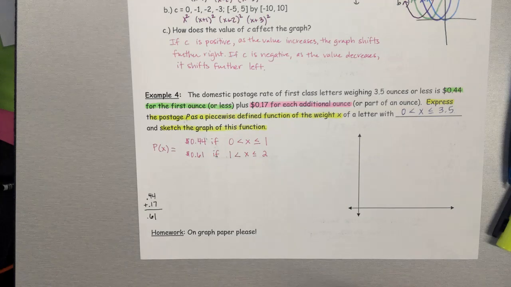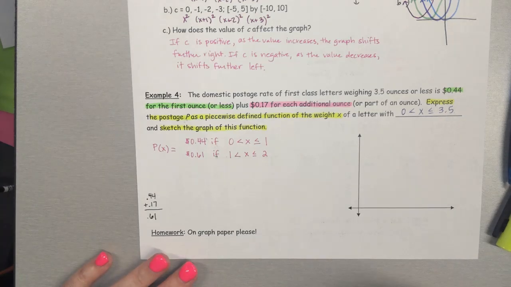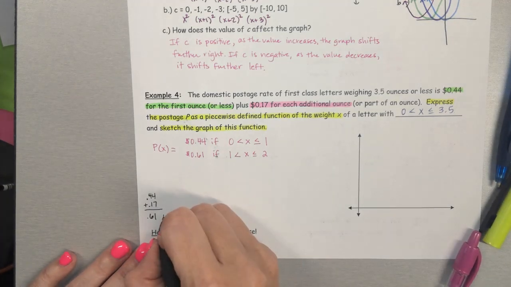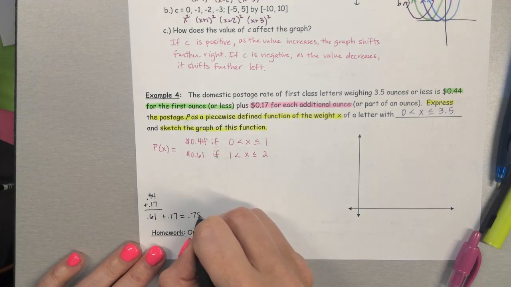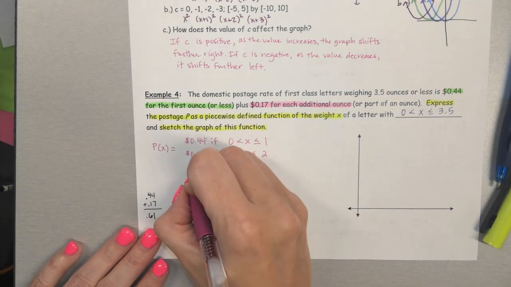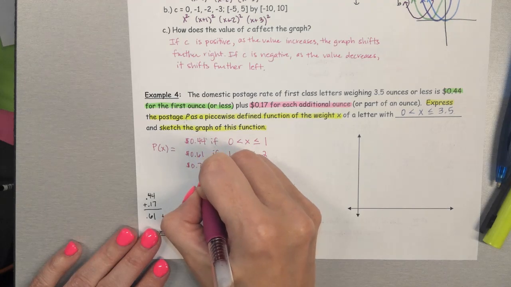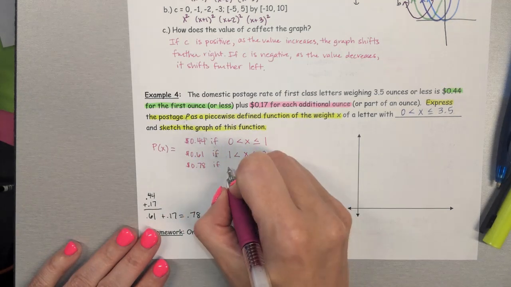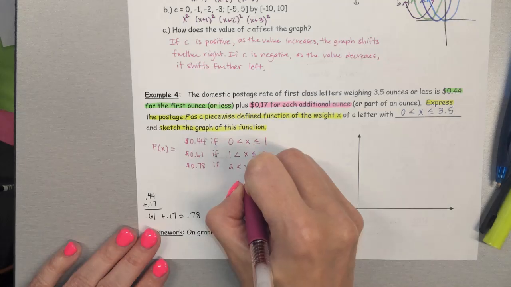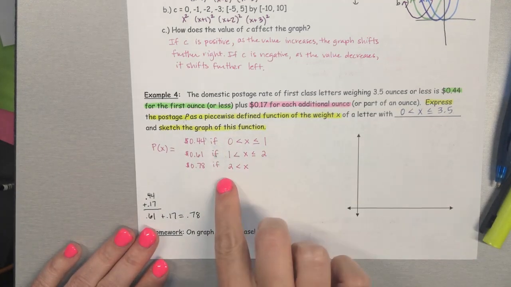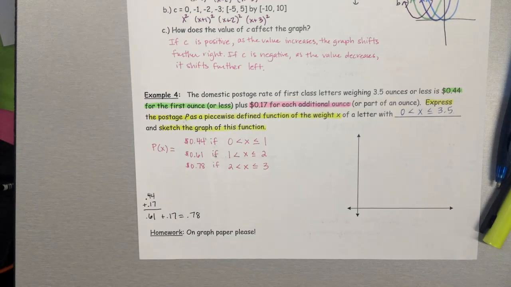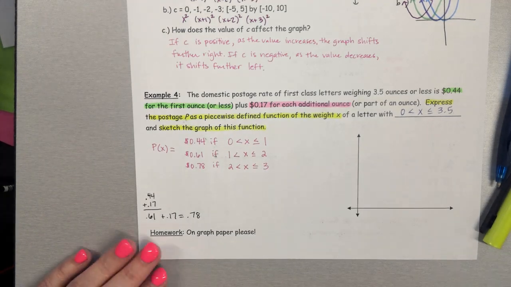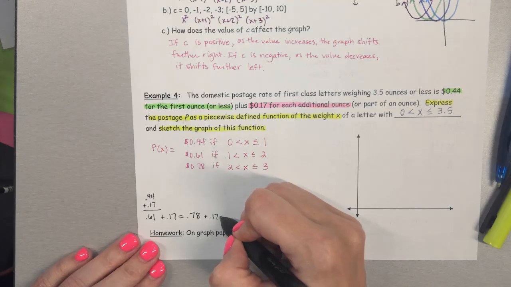And then you can keep continuing that pattern, right? So you can keep adding the 17 cents. So if we add 17 cents again, we get 78 cents. So that's going to go up to, so it's for each ounce, so it's going to be up to 3. And then we're going to add 17 cents again.